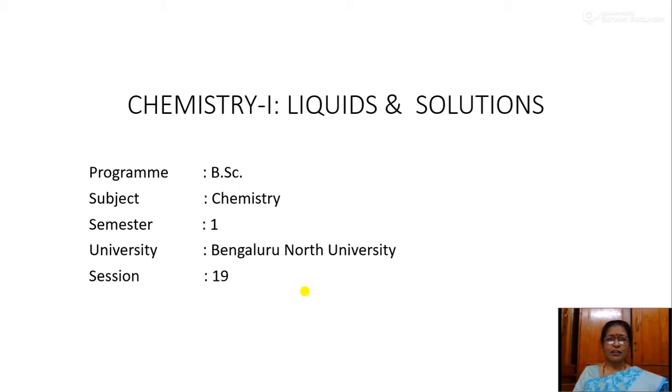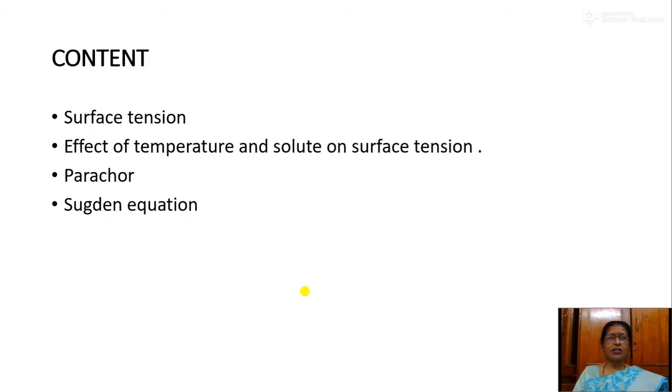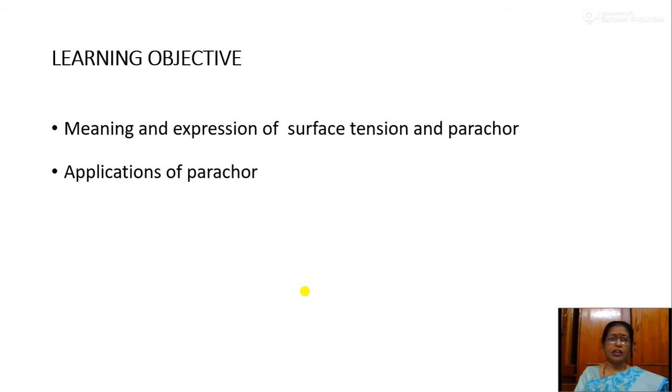Chemistry topic for first BSc, the chapter Liquids and Solutions. In this content, we are going to discuss surface tension, the effect of temperature and solute on surface tension, and the Parachor equation.